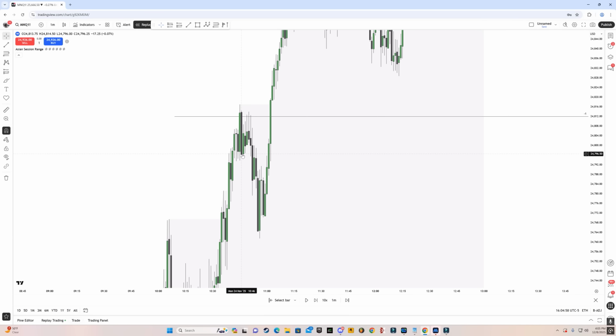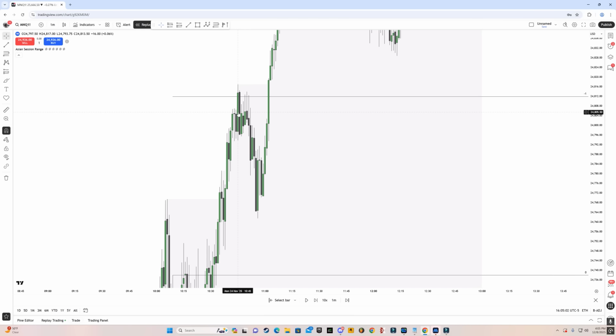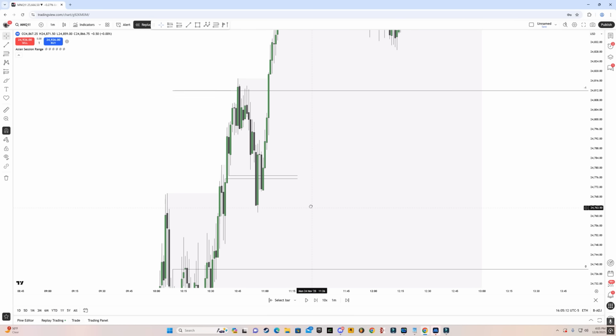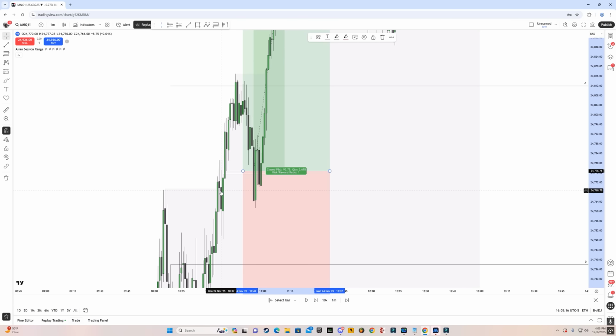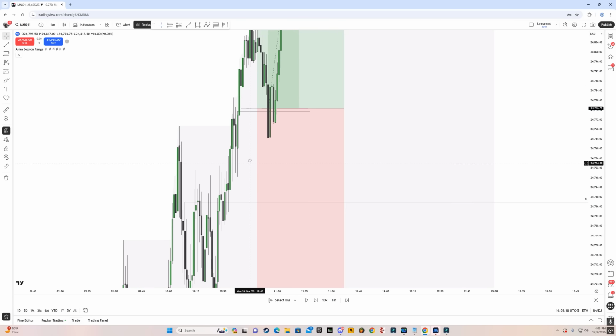Now, ideally, not sometimes, most of the time, I take my entry from a fair value gap that caused the break. Okay, so the only fair value gap that I can see right now is this around here, right? So now you could have taken your entry from this fair value gap, and this is the first PD array. This order block is the second PD array.